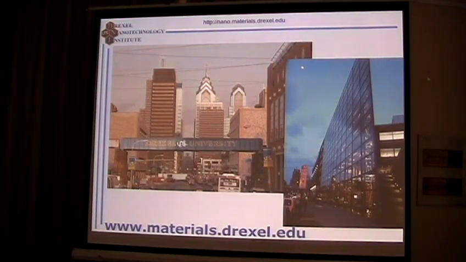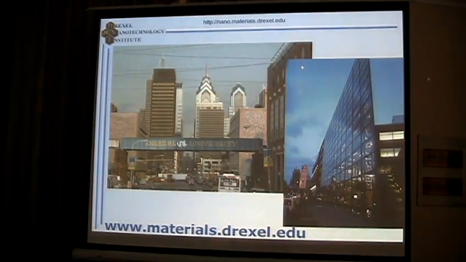But what it shows you is that Drexel is located just at the edge of downtown, sharing a campus with the University of Pennsylvania in the area which is called University City. And my office is right in this building, in this corner, and this window is the window of my lab.